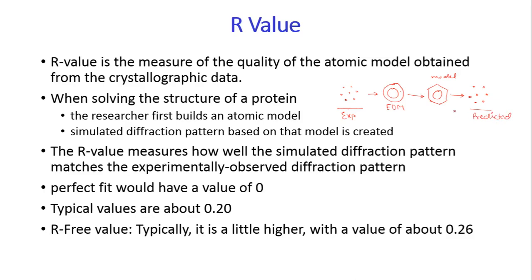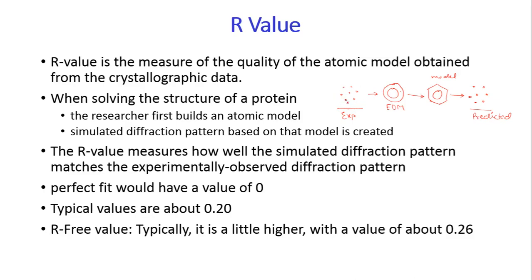Now you compare the spots of the predicted diffraction pattern with those of the experimental diffraction pattern, and this R value is a measure of how well the simulated or predicted diffraction pattern matches the experimental diffraction pattern.